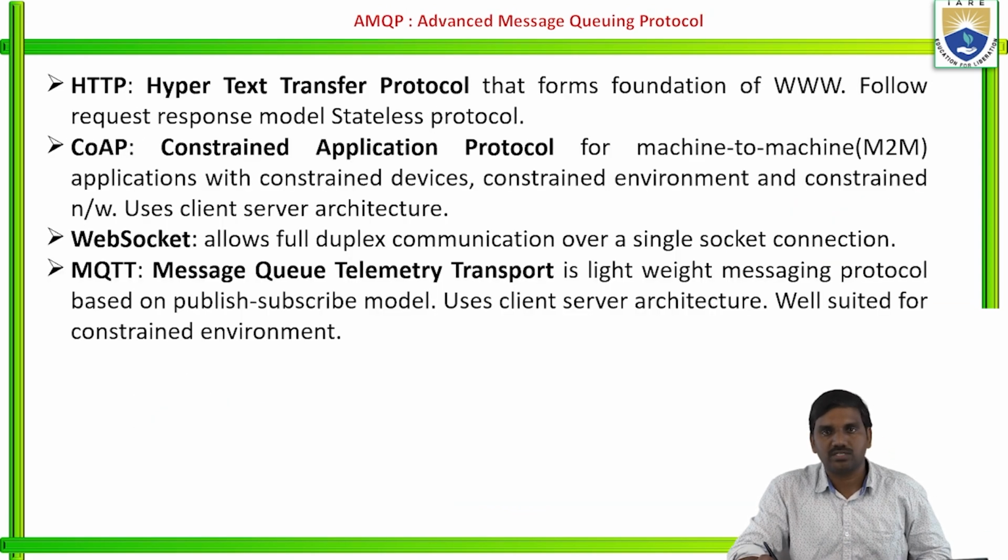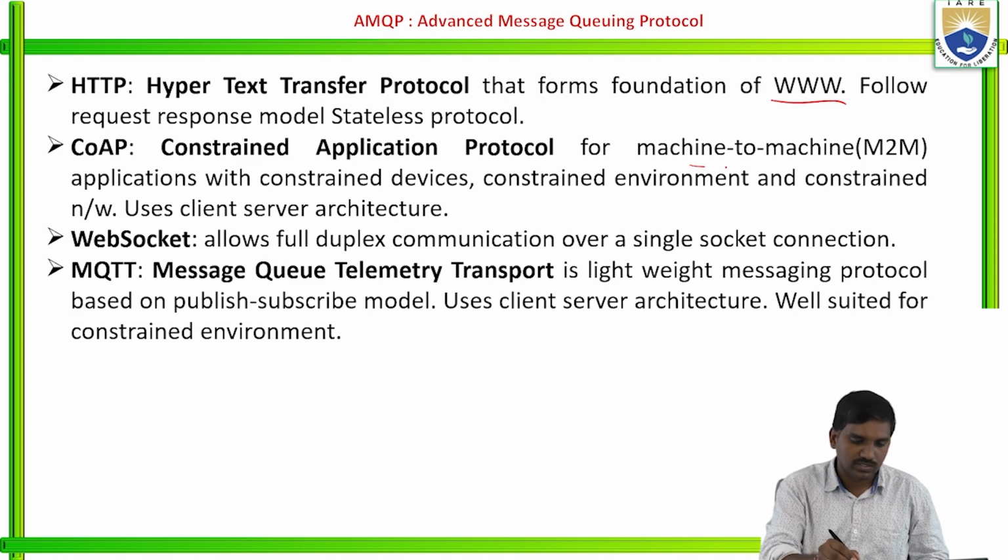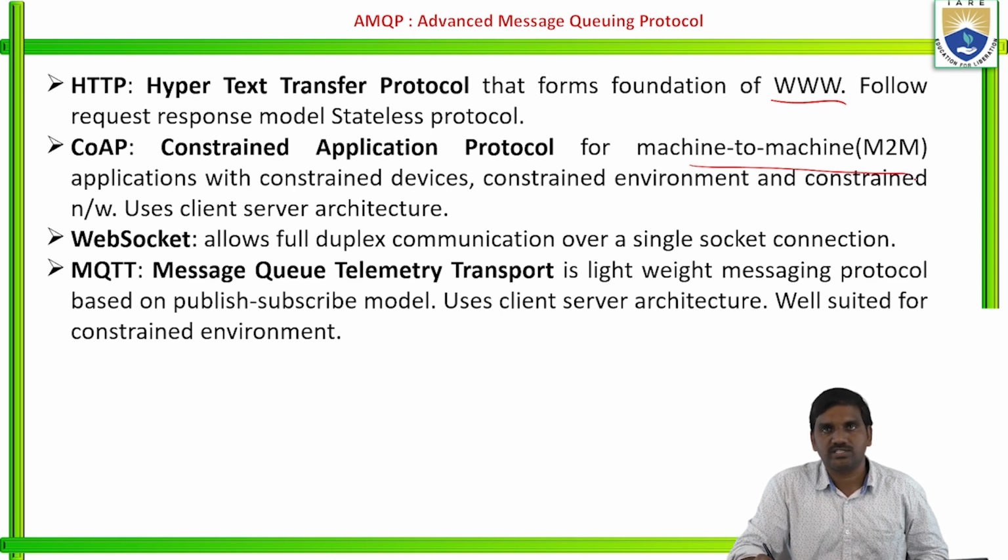These are some elaborations of the points: HTTP, COAP, WebSocket, MQTT. HTTP, Hypertext Transfer Protocol, is the foundation of the World Wide Web. COAP, Constrained Application Protocol, is for machine-to-machine applications with constrained devices. And WebSocket allows full duplex communication over a single socket connection.